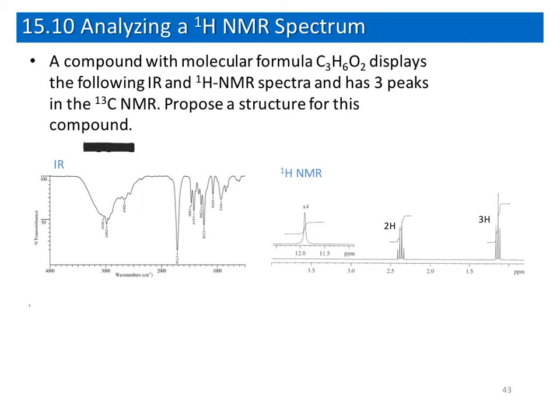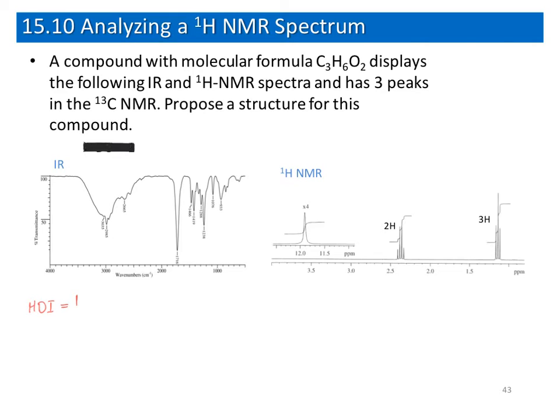So the first step is to calculate HDI. And HDI for this molecular formula is 1. So that HDI equals 1 tells us that we should have a double bond or ring in the structure. Then we need to look at the IR and NMR and find out the pieces.